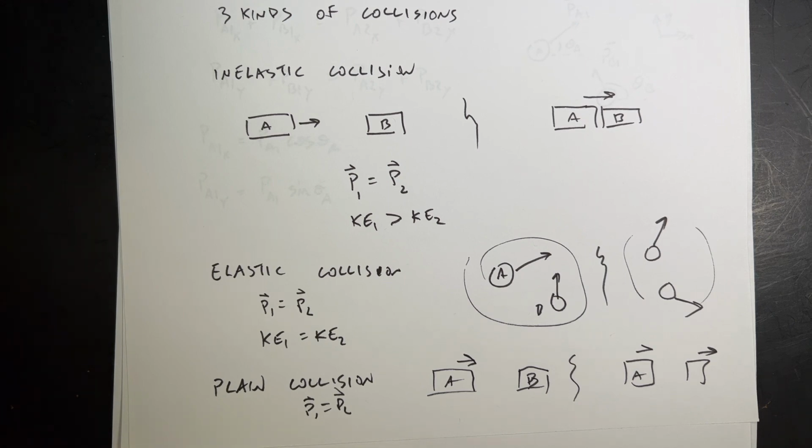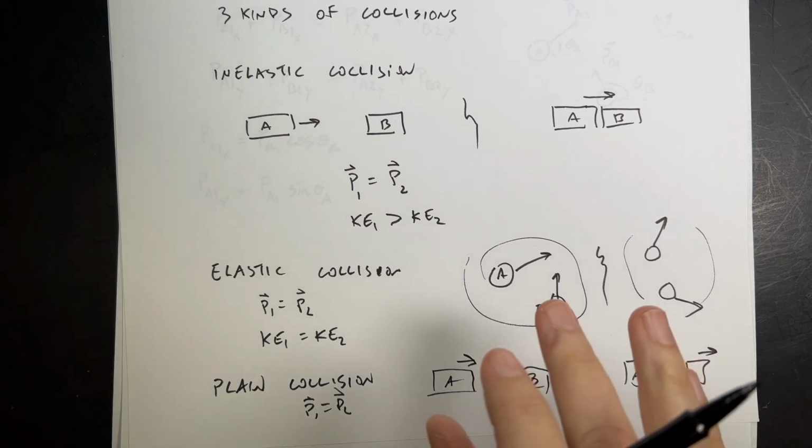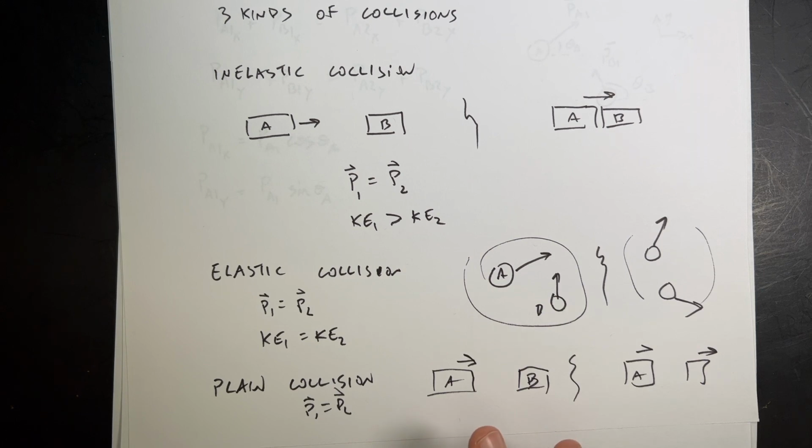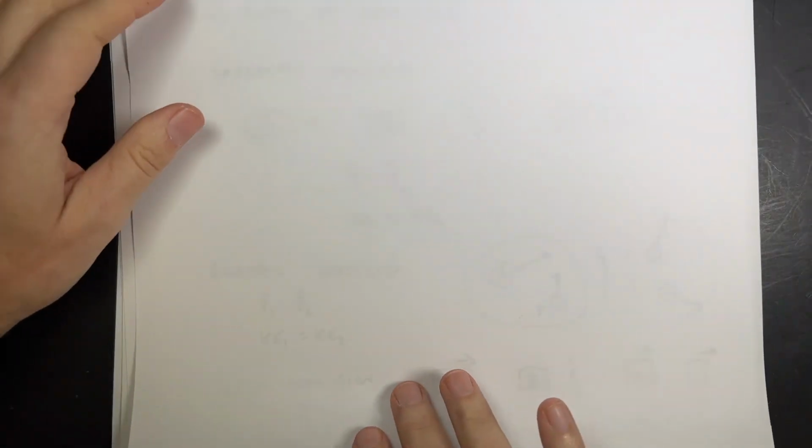Okay, one last thing. There's a whole bunch of stuff you can do with collisions. I love collisions. And remember, I'm not doing examples. I'm just giving the chapter summaries. The last thing is this idea of what happens if the mass is not constant. So if the mass is not constant, the example that we use is a rocket.